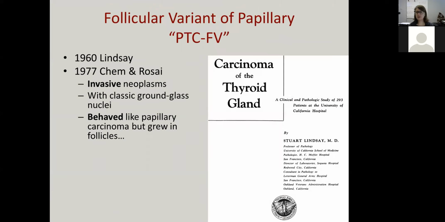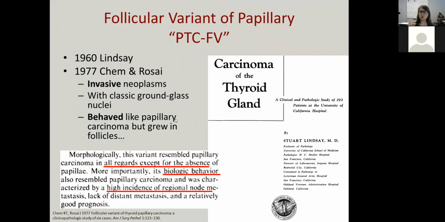What I will talk about for a minute is this development of the so-called follicular variant of papillary that came about in the 60s and 70s that were invasive neoplasms with those characteristic papillary-like or ground glass nuclei. They behaved like papillary carcinoma, but they just happened to grow in follicles instead of papillae. And so the follicular variant of papillary was born.